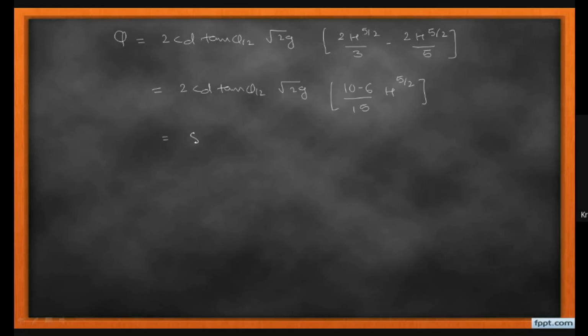So it becomes 8 by 15 into Cd into tan theta by 2 into square root of 2g into H to the power 5/2. So this is our final expression for the discharge through the triangular notch.